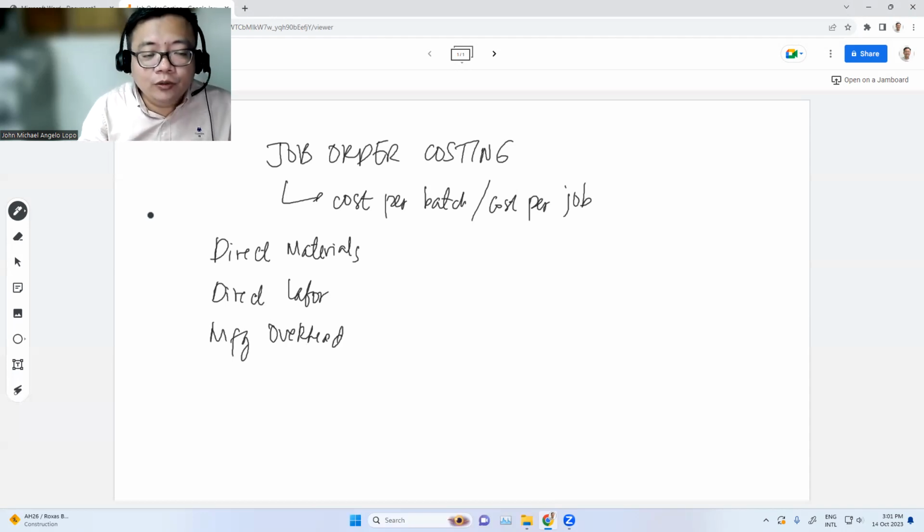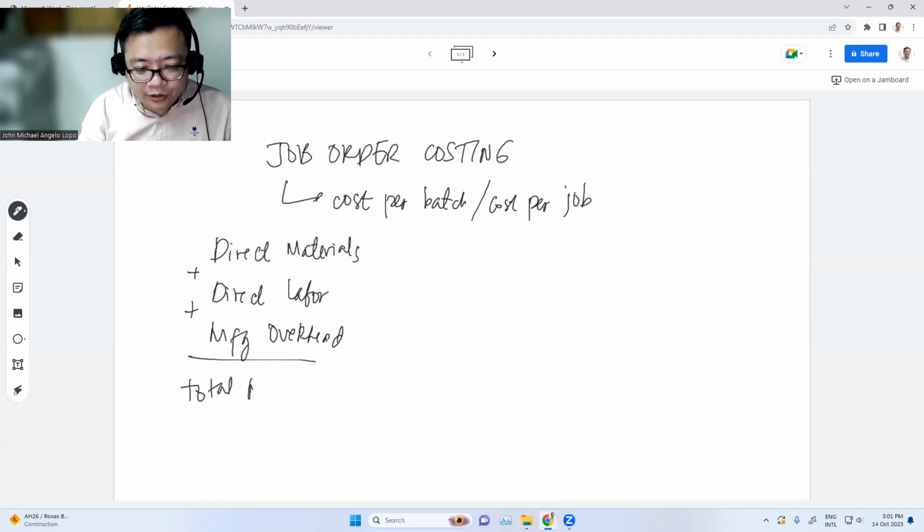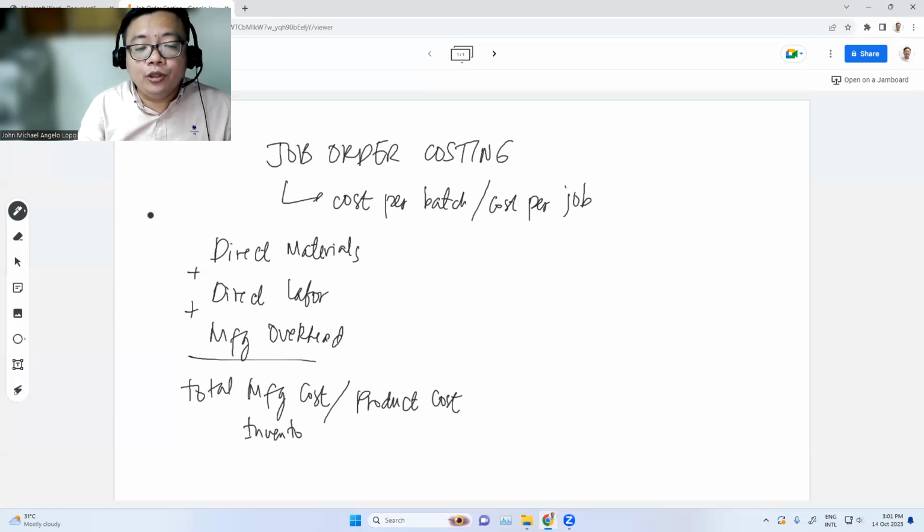As we all know, if you add direct materials plus direct labor plus overhead, ang tawag dito class ay total manufacturing cost. Or sa ibang libro, tinatawag din tong product cost, or tinatawag din tong inventoriable cost. Ibig sabihin, ito ay part of our inventory muna and eventually will become part of the finished goods.